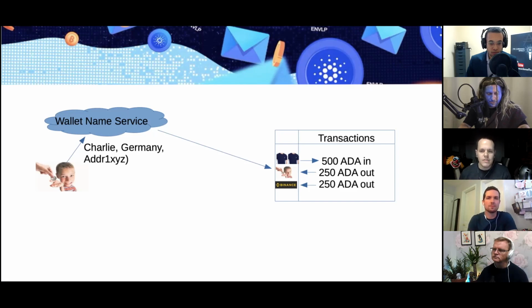And from my wallet, I send money to this kid there. The idea is that I should be able to have the wallet behave differently because I installed a plugin that uses this wallet name service and can show me that I sent that money to that person instead of that address.